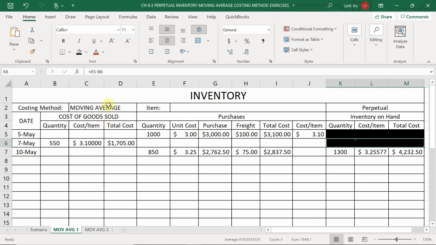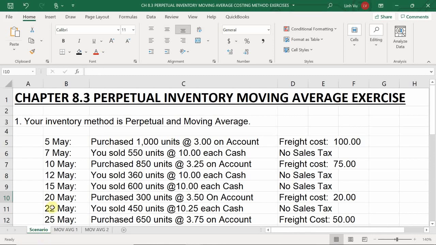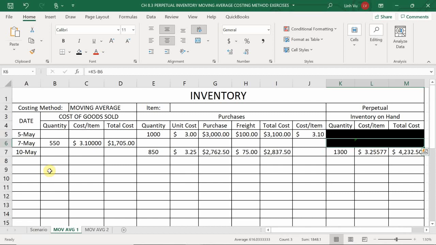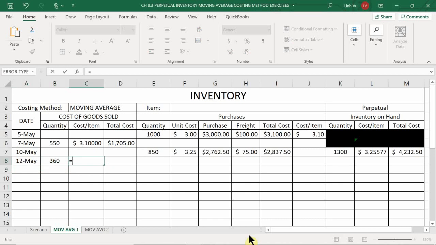So then let's go ahead and see what happened next. Then on May 12th, we end up selling 360 units. Okay, 360 units. Now, what's my average cost per item?